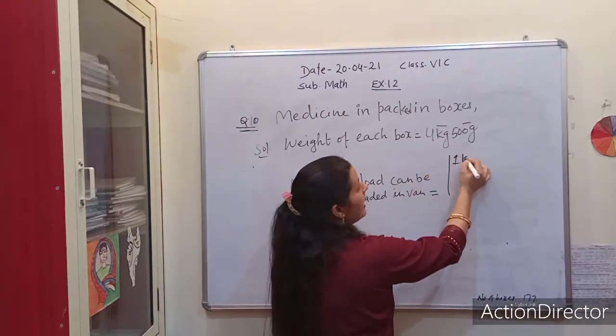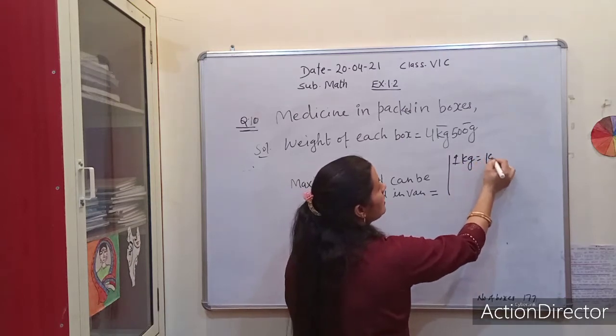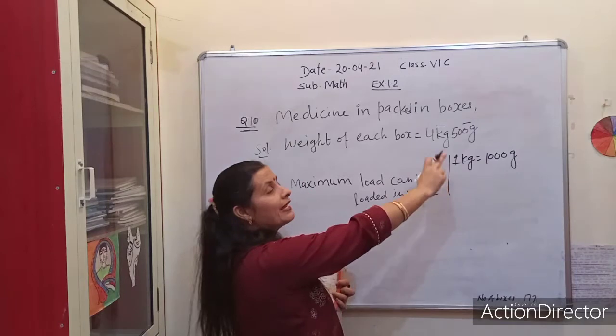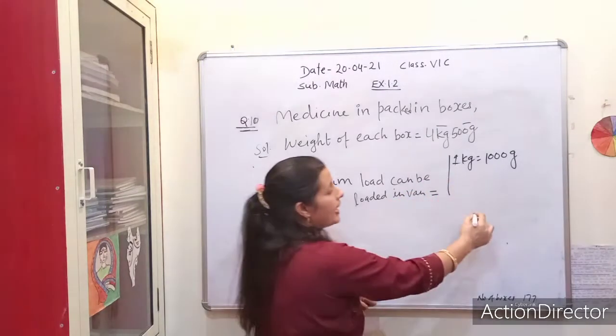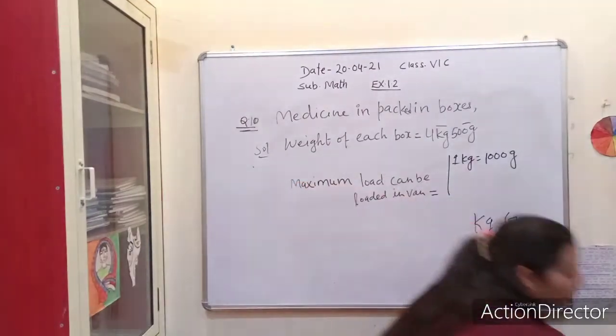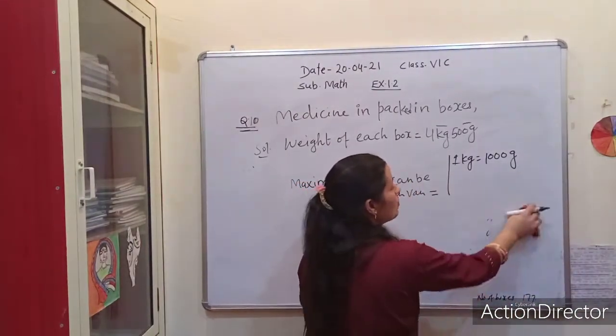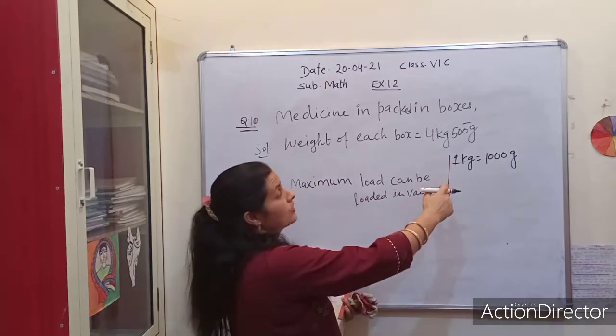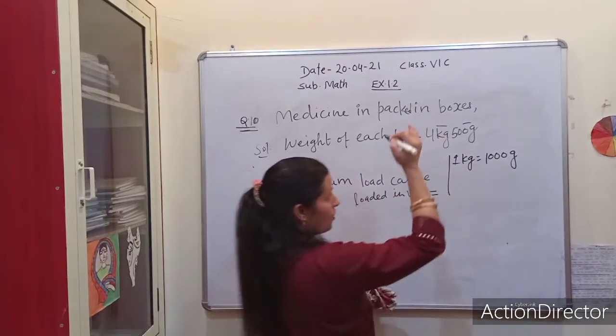We all know that 1 kg equals 1000 gram. Units are always written in small letters. Don't write K and G in this way. This is not the symbolic representation of units.